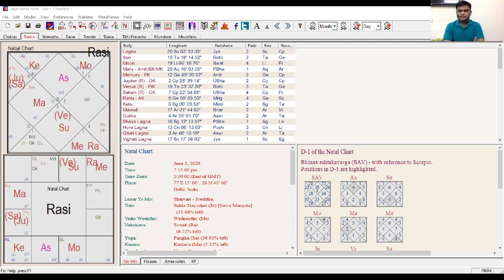Any other doubt? Yes, Jignesh. Jyoti is asking whether the Rashis will be the same for all three: Sun, Moon and Jupiter.